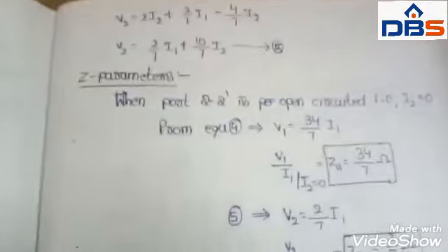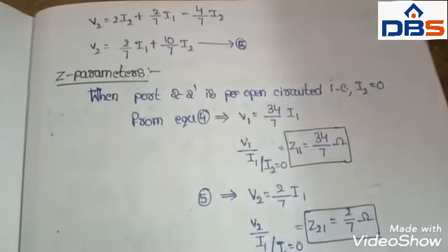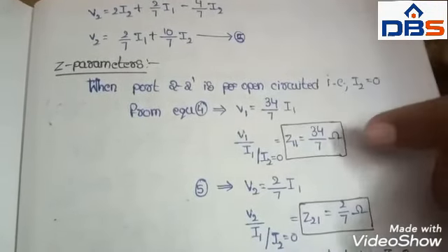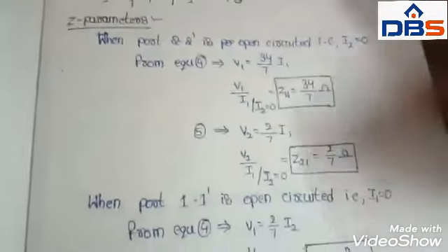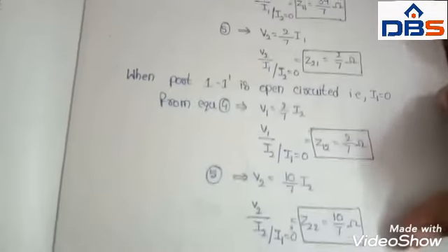That gives V2 equal to 2 by 7 I1 plus 10 by 7 I2, equation 5. Comparing with the standard Z parameters, Z11 equal to 34 by 7, Z21 equal to 2 by 7, similarly Z12 equal to 2 by 7, Z22 equal to 10 by 7.